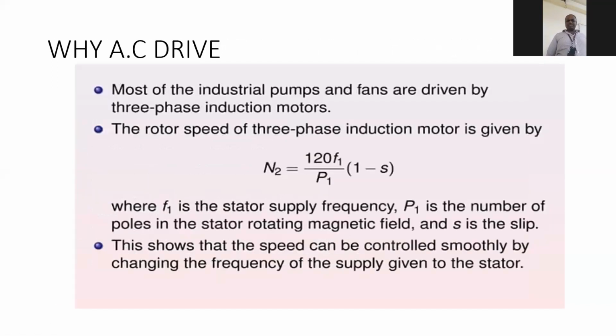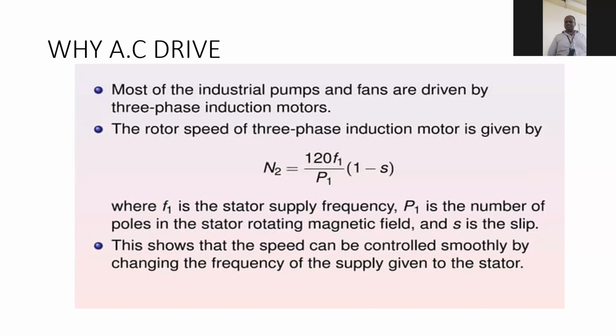Now, why do we need AC drives in this world? Because most of the industrial pumps and fans are driven by three-phase induction motors. We can change the rotor speed using the value of the frequency and poles.